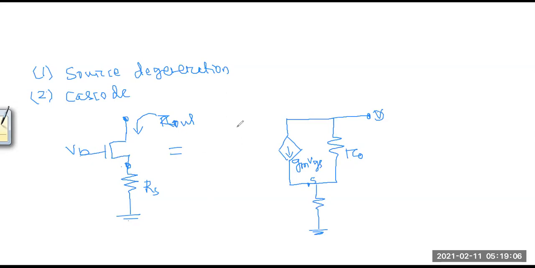Now this point is the gate, so this is your ground, and this is your VGS. Now check this point. If you check the output impedance, we will give a test voltage, that is Vx.